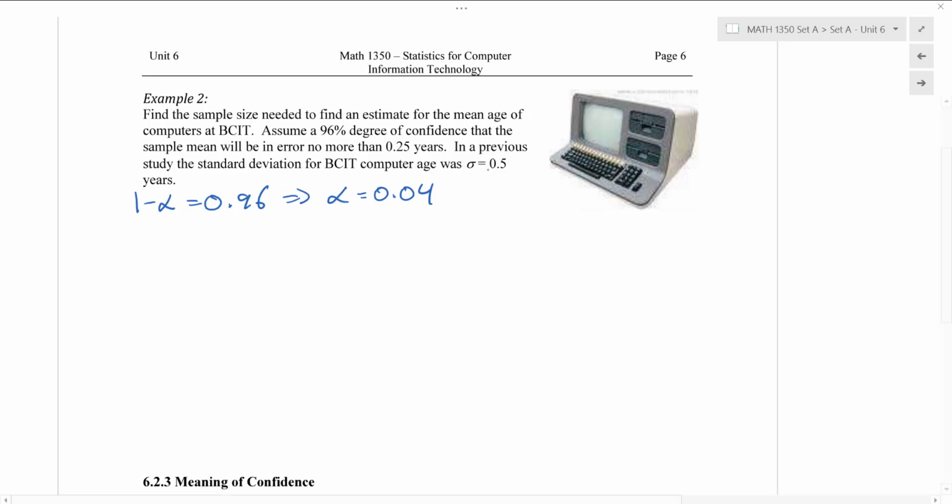We have from a previous study the standard deviation, sigma. It's apparently half a year. And we are also specifying here that we would like the sample mean to be an error of no more than 0.25 years. So that will give us our E.